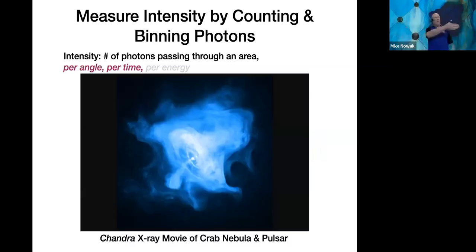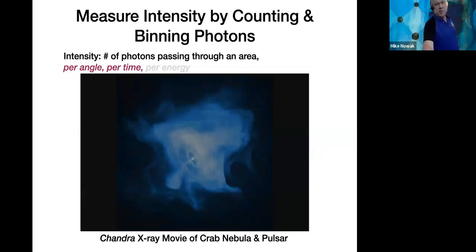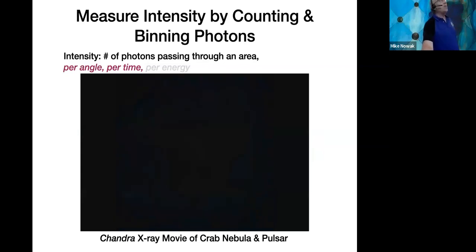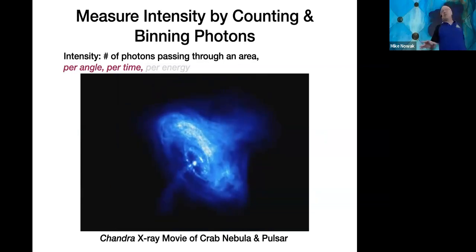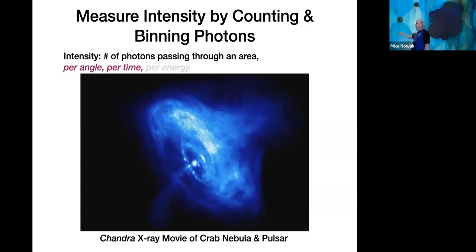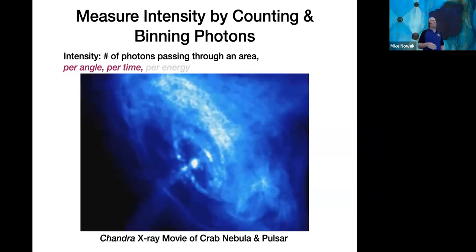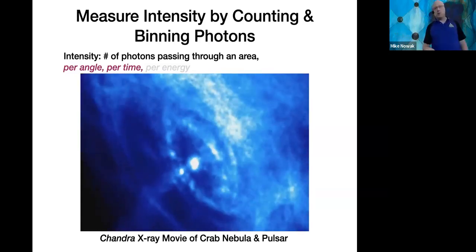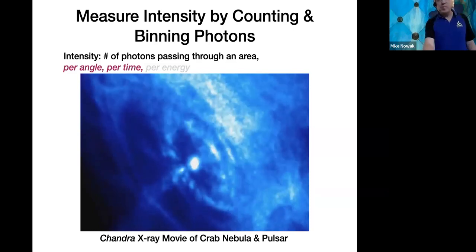Although we could, if we wanted to, bin over both position on the sky and time, and that would be a movie. And we have done that with the Chandra X-ray Observatory. This is a movie of the Crab Nebula, done over several observations taken over about a decade or so. And you can see these ripples happening in the nebula around the pulsar in X-rays.